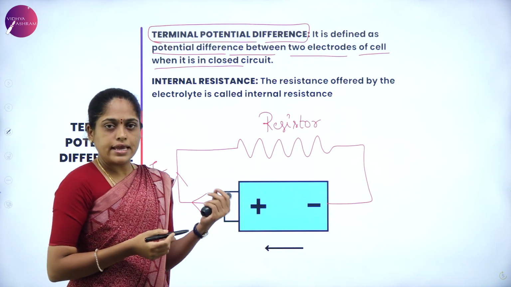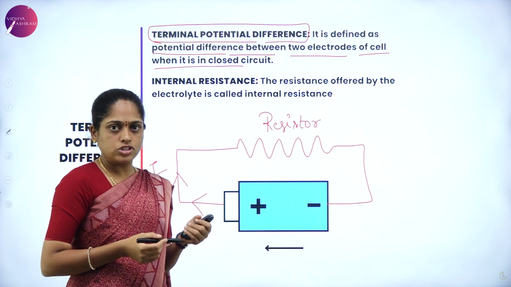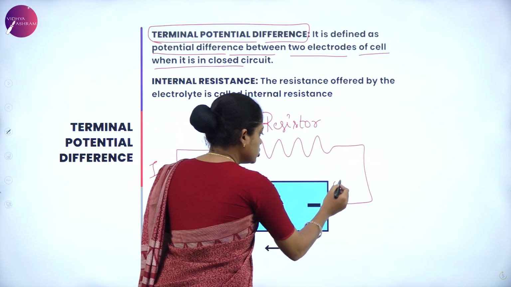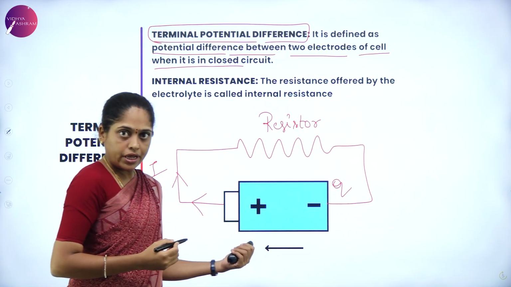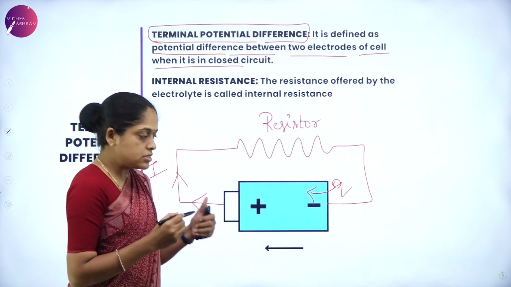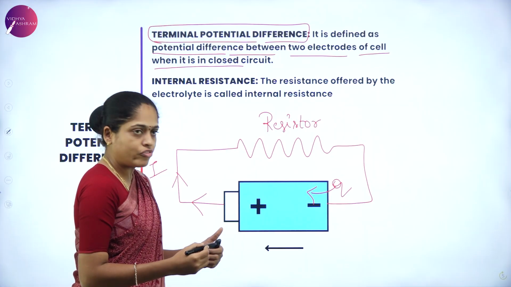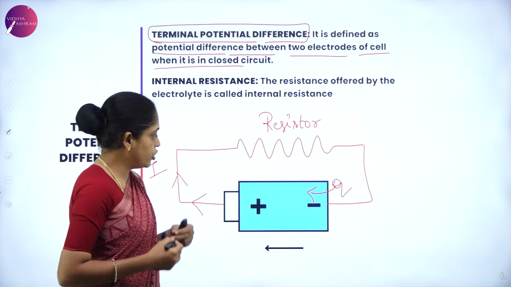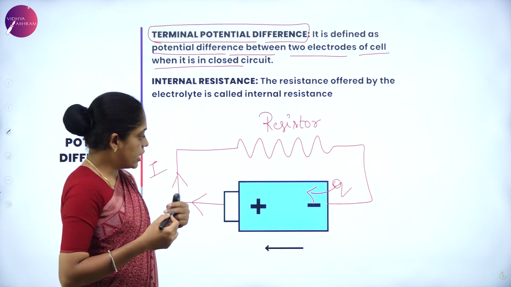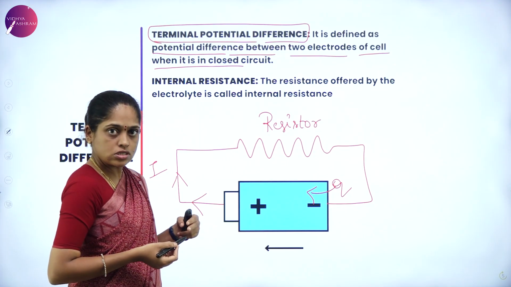To understand this EMF and terminal potential difference, let us consider another example. A charge which is at the negative terminal is pulled into the battery and this charge is moved from negative terminal to positive terminal, and work is done by the chemical reaction in this process.